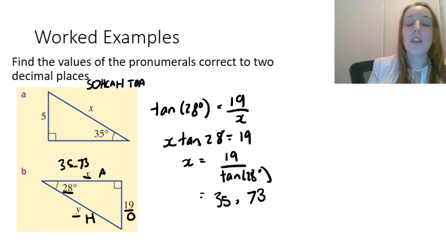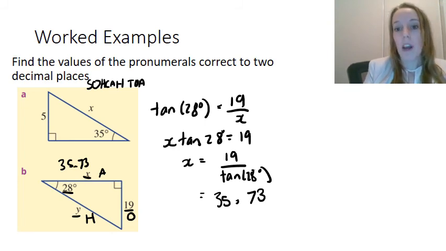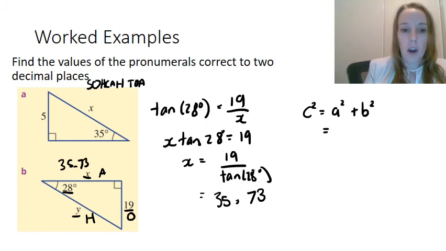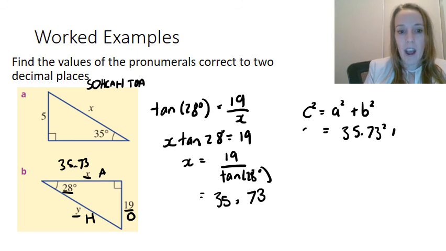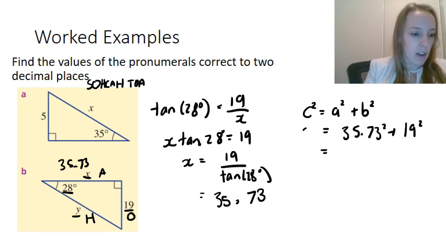Now, we can actually use Pythagoras' theorem to solve. So c squared equals a squared plus b squared. And we can fill those in. So our hypotenuse there, c squared, will be equal to 35.73 squared plus 19 squared.